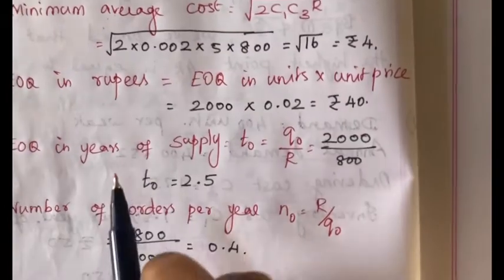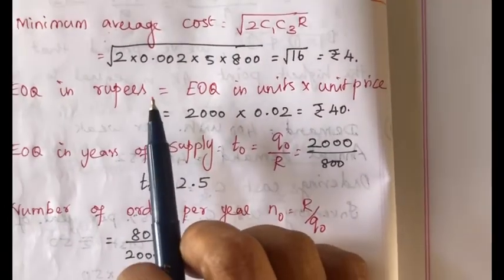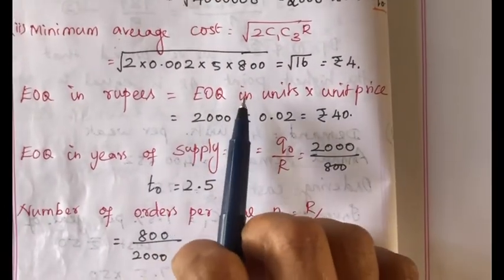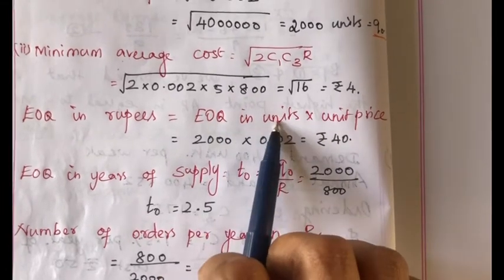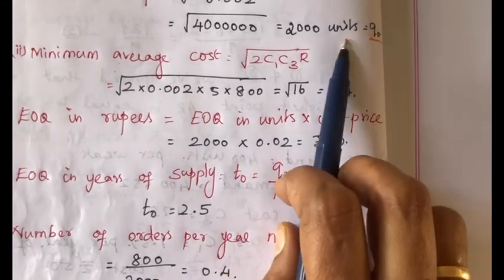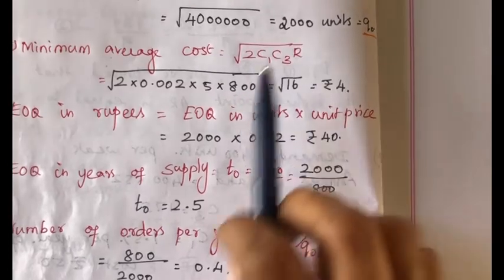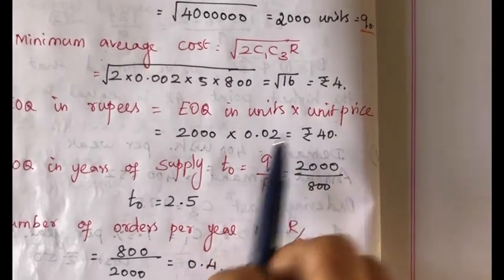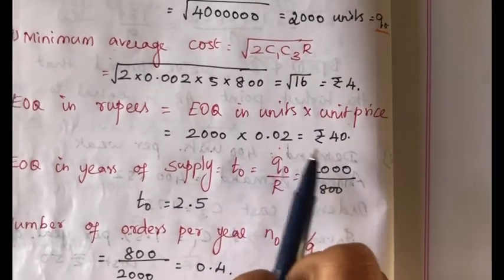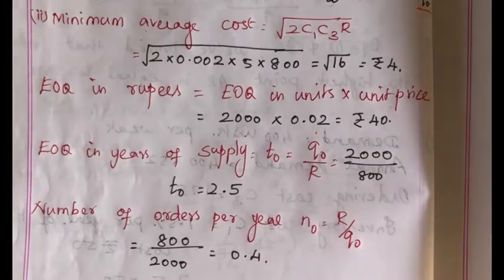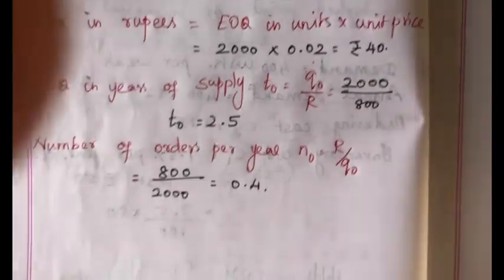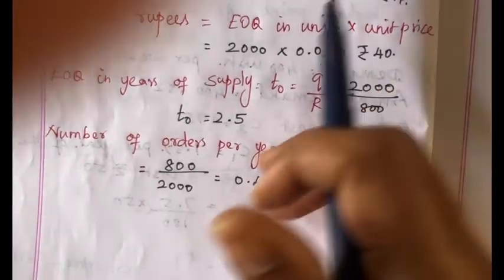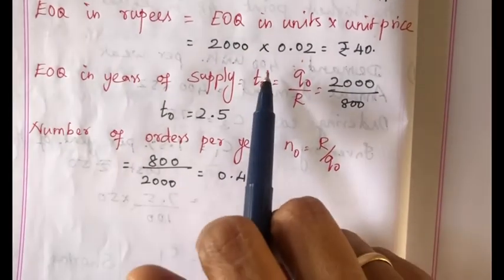Next, EOQ in rupees. EOQ in rupees is equal to EOQ in units into unit price. EOQ in units is 2000. Unit price is 0.02, so that is equal to rupees 40. Next, EOQ in years of supply, that is T naught.